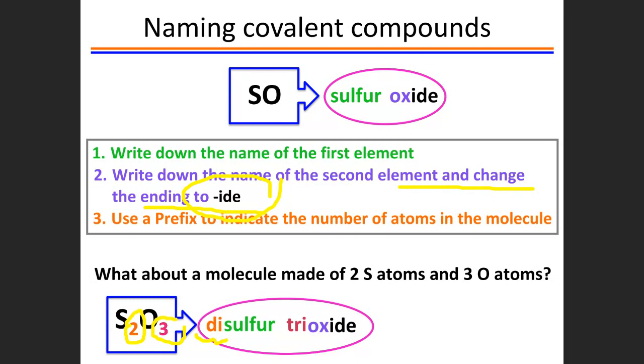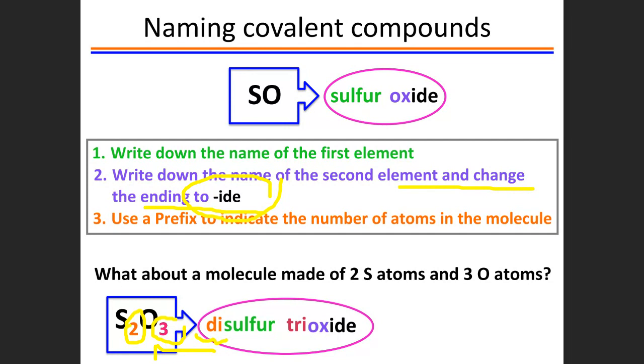So sulfur oxide. Another rule: if a compound doesn't have any prefix, that means the number of atoms is 1. Please make sure. Here we have one sulfur and one oxygen. But in the second one, S2O3, we have two sulfur atoms and three oxygen atoms.